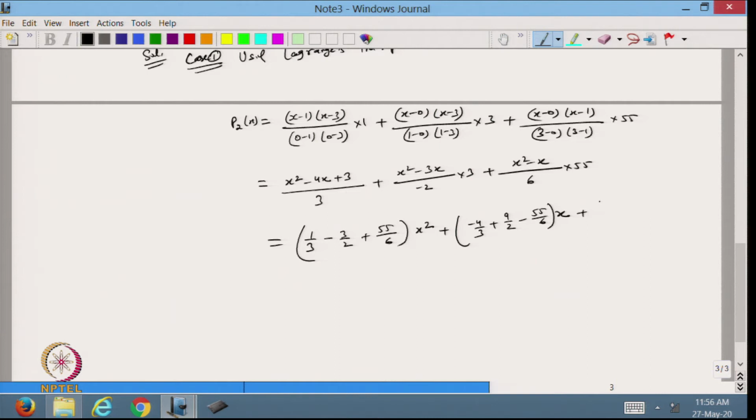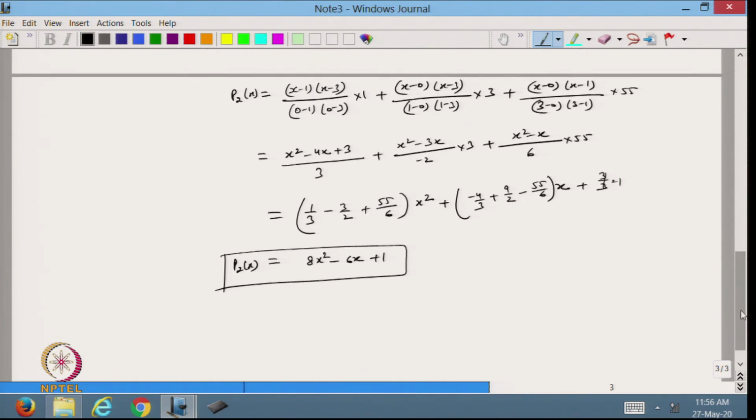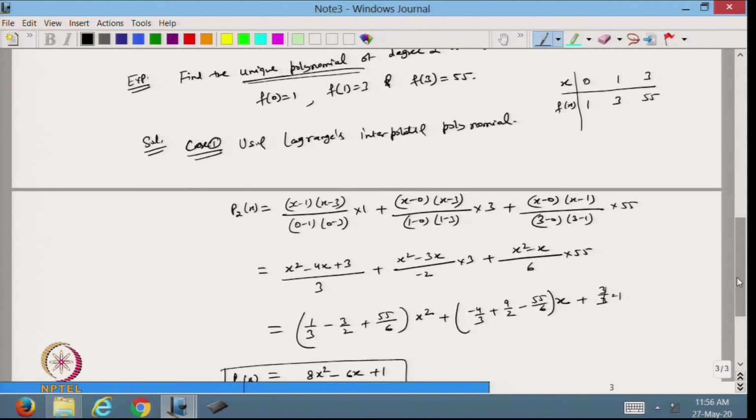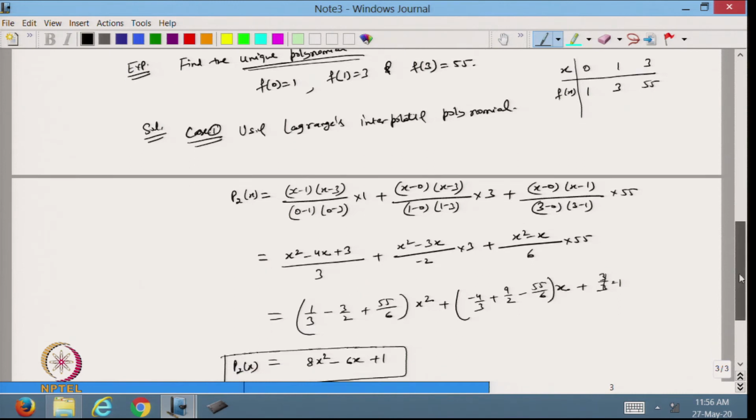So, it is 3 by 3, no constant term here, no constant term here. So, it is 1. Now, if I do the LCM of this, then I will get 8x square minus 6x plus 1. So, that is my P2(x). This is the quadratic polynomial we are able to find using these 3 data points.